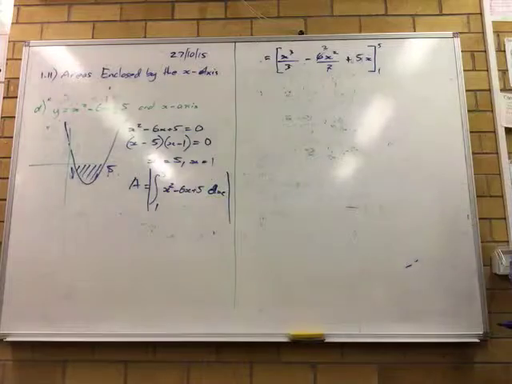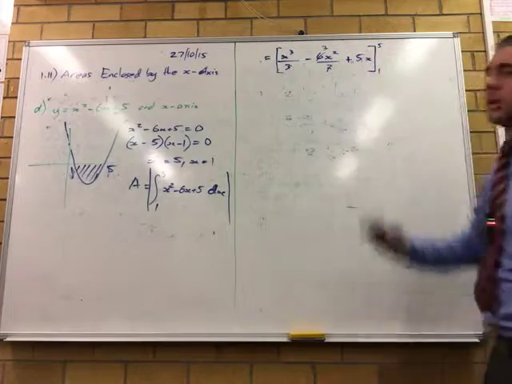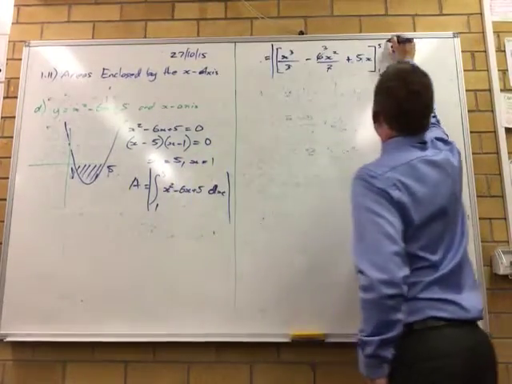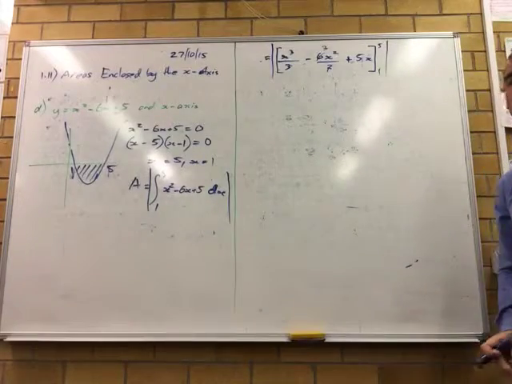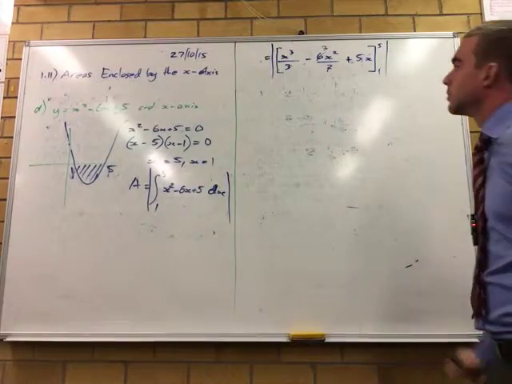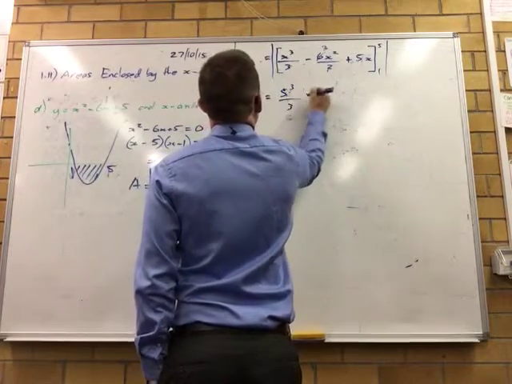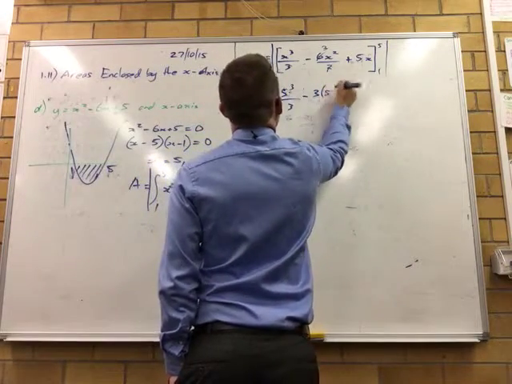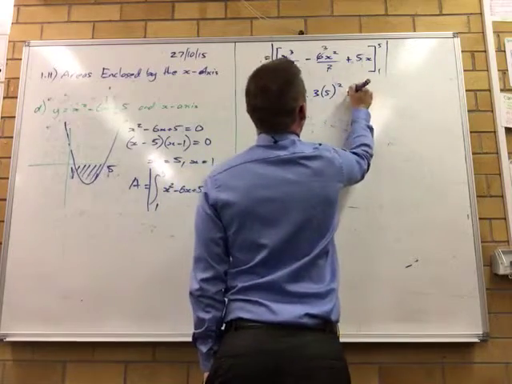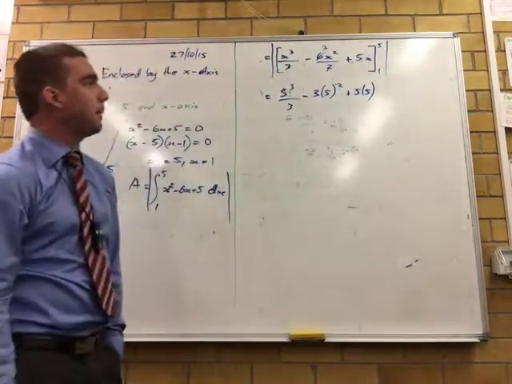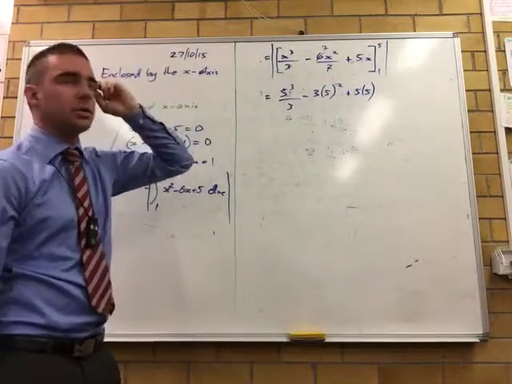Then we can substitute, from the endpoints 5 and 1, and we need to take the absolute value. So 5 cubed on 3, take away 3 lots of 5 squared, plus 5 lots of 5. I'm substituting 5 for those 3 terms.